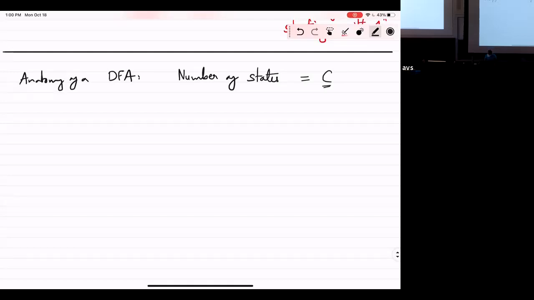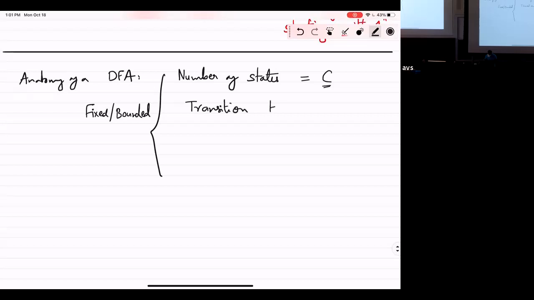These are all quantities that are fixed and bounded, in the sense that these are fixed constants that do not depend on the input length. Okay, and what else?